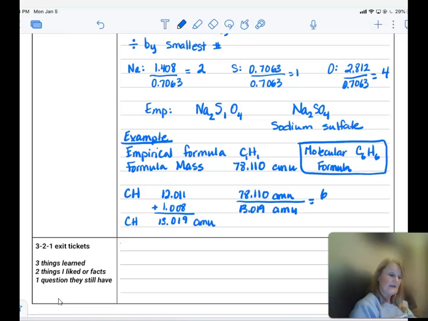But if they're not the same, then you need to do a division and see how many times it'll go in, and that gives you your scale factor. Then you just multiply your subscripts, the number of atoms, by that scale factor. That's all you've got to do. The difficulty in this problem is when they put the above problem with this problem and make it all one problem. But you can handle it. I know you can.